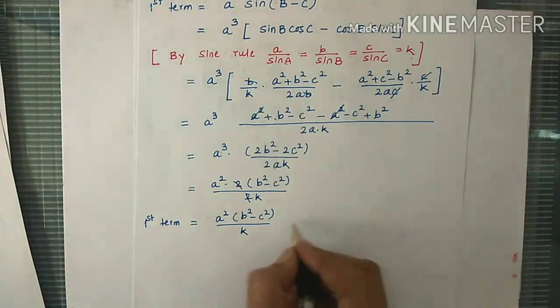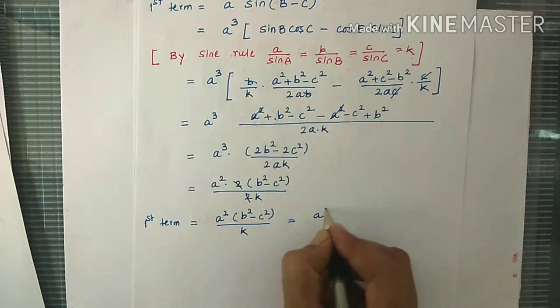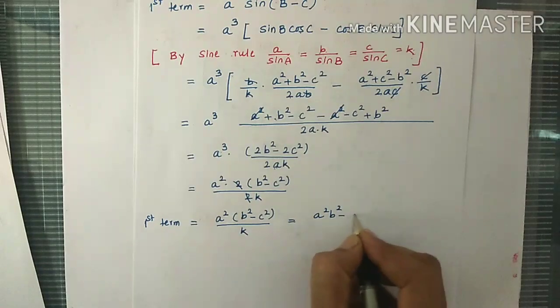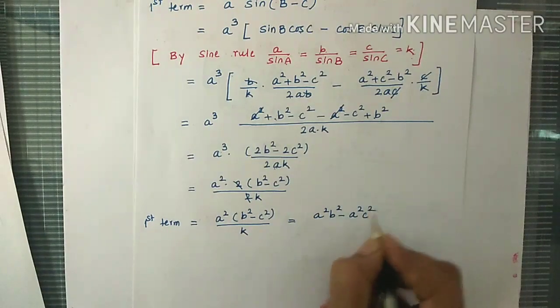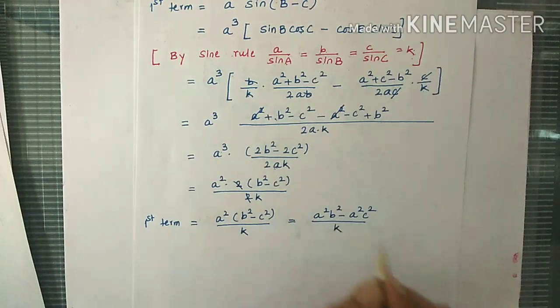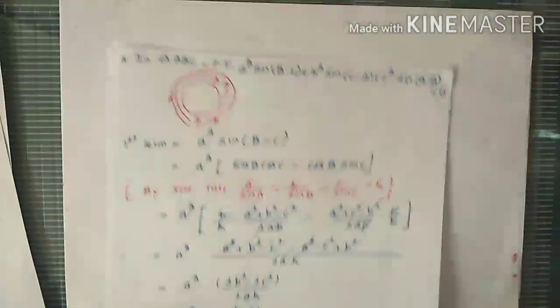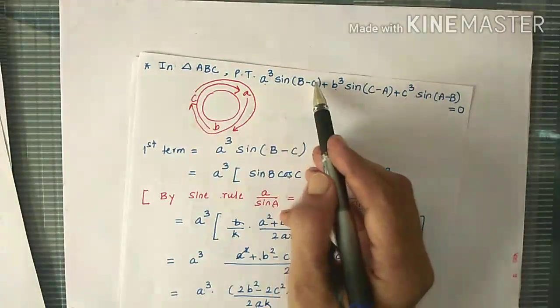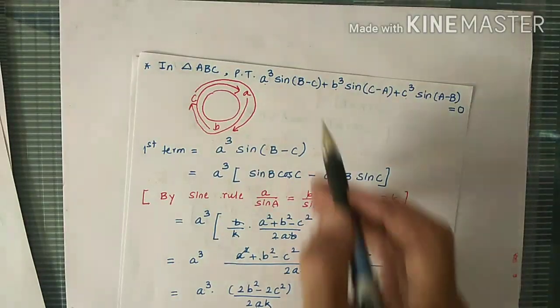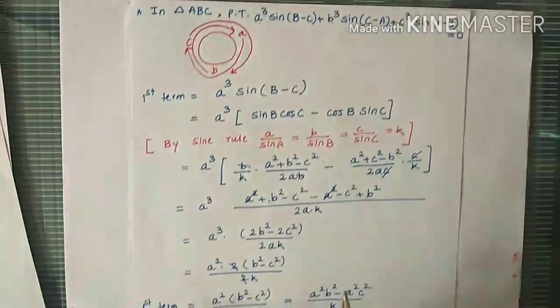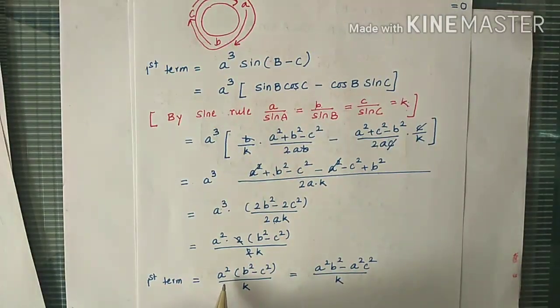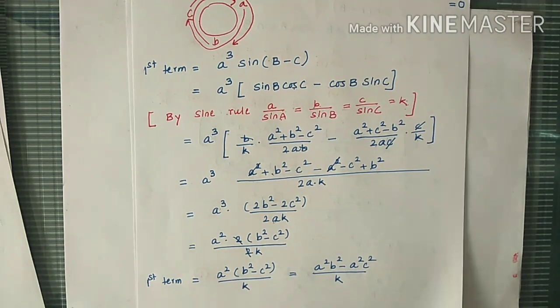We can write this as a square b square minus a square c square upon k. Our first term was a cube sine of b minus c. When we have a cube sine of b minus c, the simplification is a square, b square minus c square. So we get the same sequence A, B, C. Here also we have the same sequence A, B, C. In between we have minus sign.